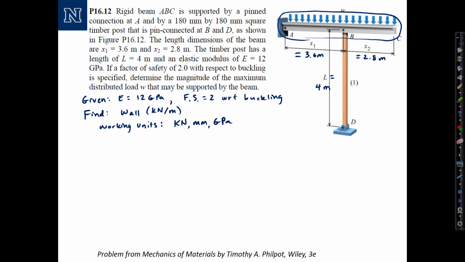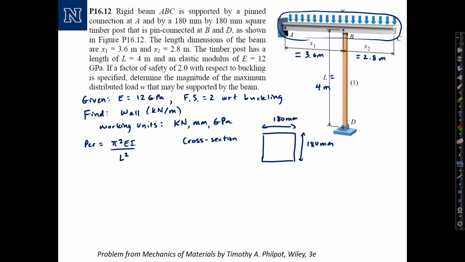Okay, so our approach here, we'll find P crit first, P crit being pi squared EI over L squared. And in this case, our cross section we said was 180 by 180 millimeters square. So it looks something like this: 180 millimeters, 180 millimeters.